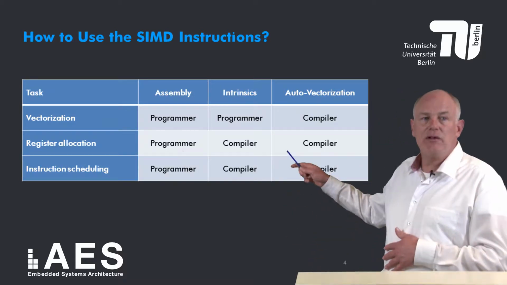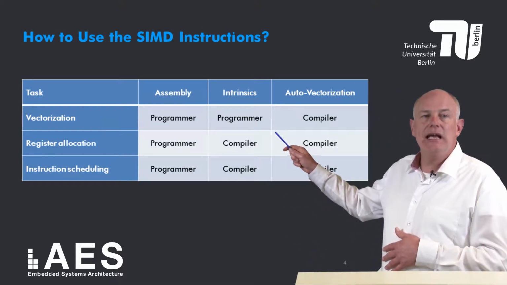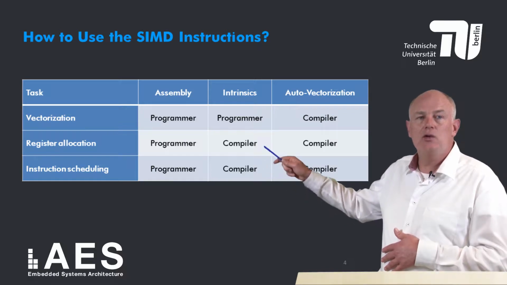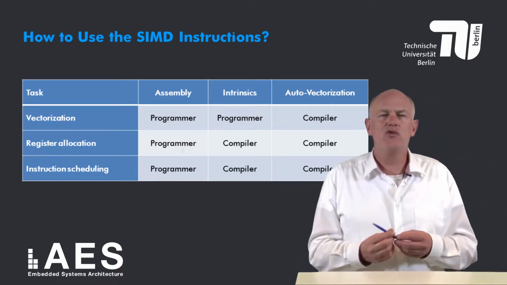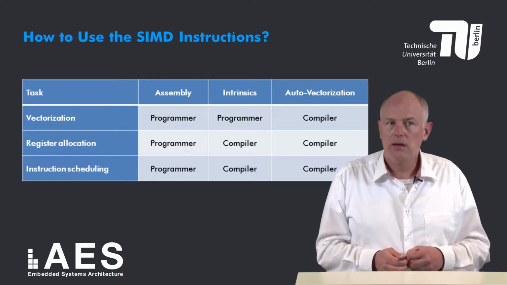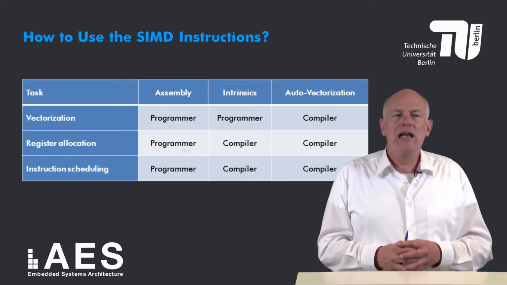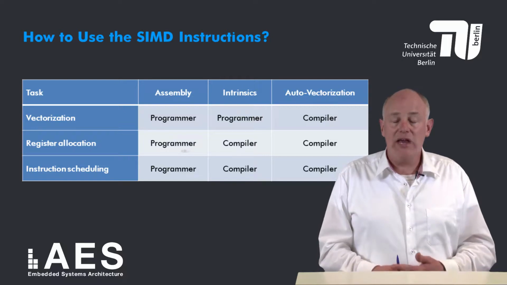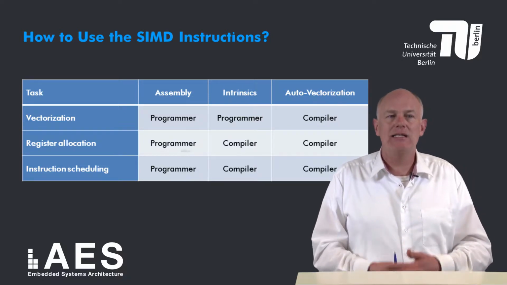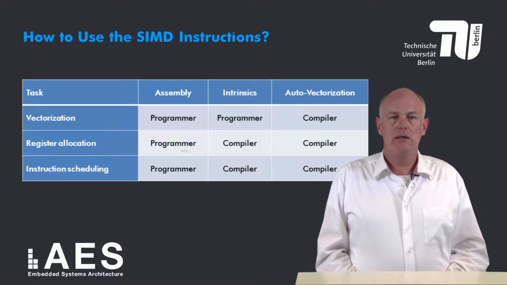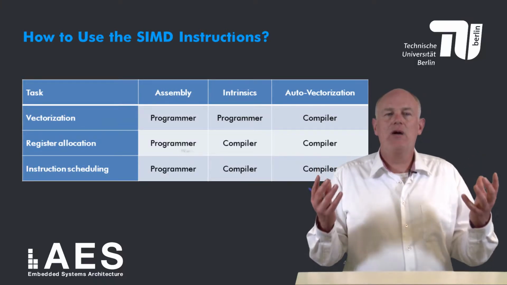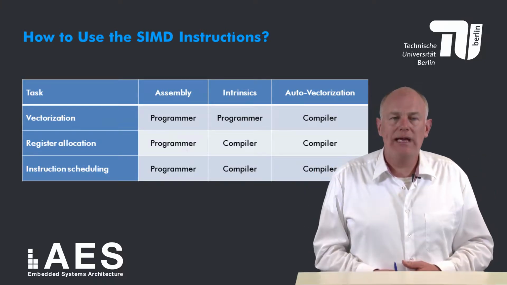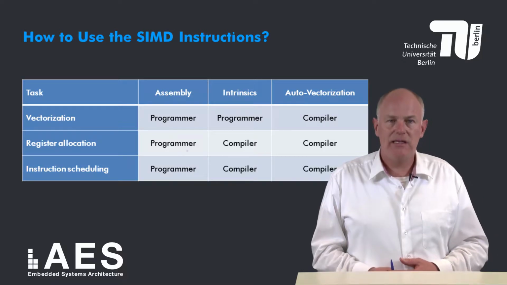The next level is, and the next idea is, let the compiler do the tasks it is extremely good at. Unfortunately, there are many reasons why a compiler thinks it cannot parallelize or vectorize a loop. Right? Because it cannot disambiguate different pointers.